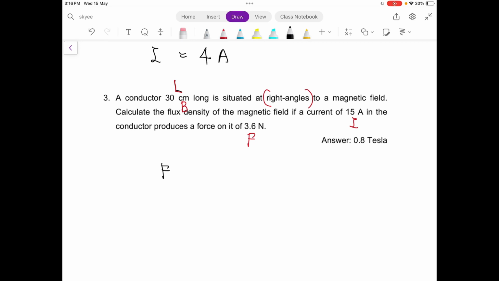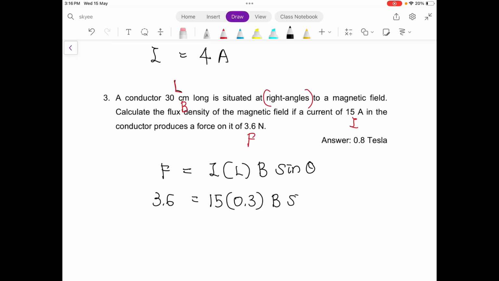So I will use this formula: I multiplied with L, with B, and with sine theta. Put the force as 3.6, the I is 15, the L is 30 centimeter, 0.3 meter, and the B you have no idea, and sine 90.